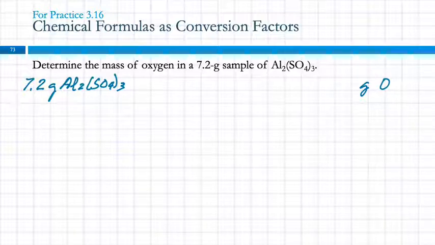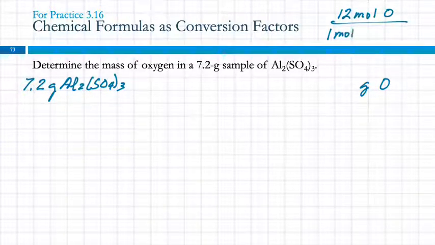I don't have a mass percent composition, but I do have information from this formula. In 1 mole of this compound, how many moles of oxygen? 12. 12 moles of oxygen per 1 mole of Al2(SO4)3.